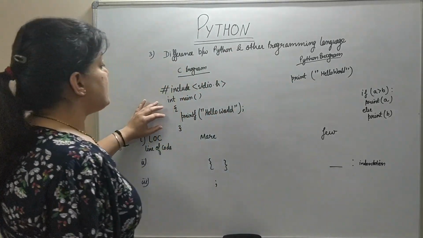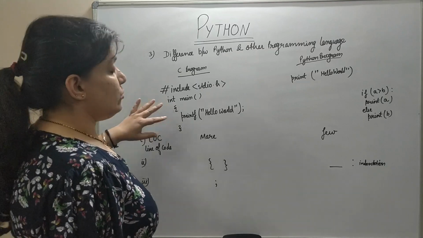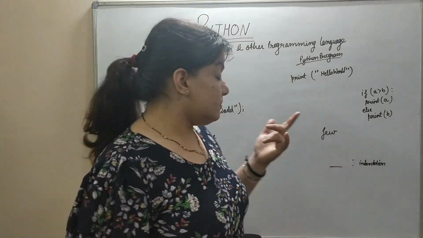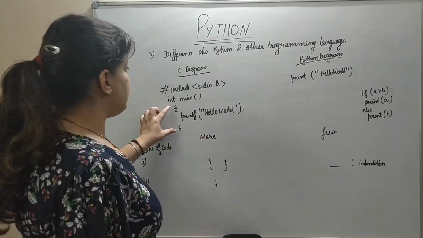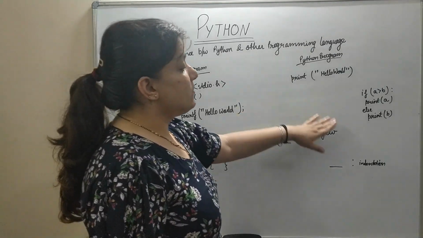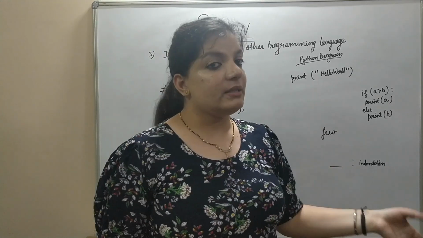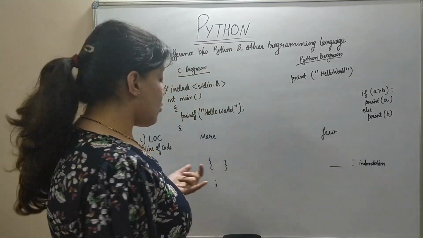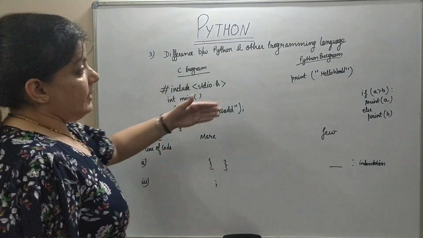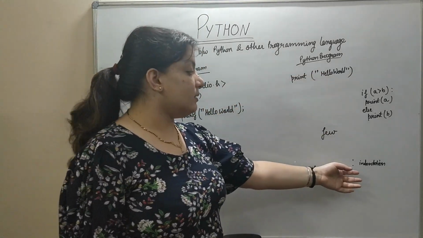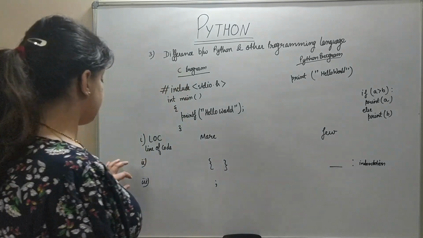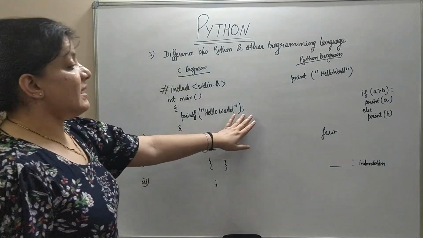Second, to define the scope of a function, we need to use curly braces, and in Python we are using only the indentation symbol to define the scope of a function. But here we don't have any function, so we don't need to write this symbol. Now the next is semicolon.